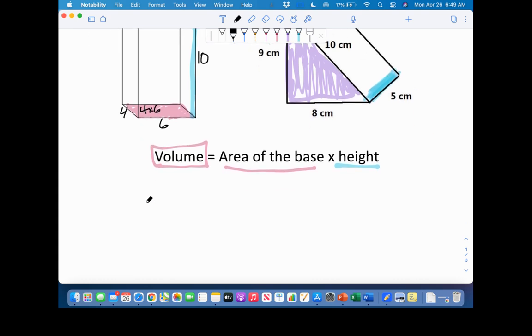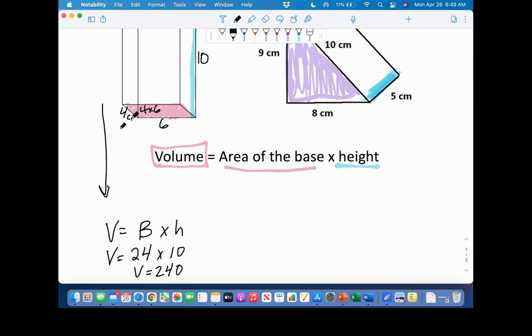In this scenario, our base is 24 times the height, 10. So the volume would be 240. And then whatever units, cubed, and that's the difference.